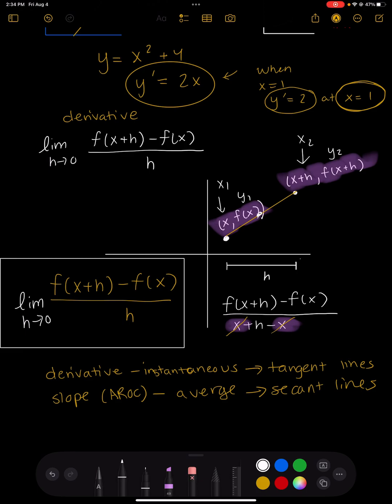So if we think about this, as h approaches 0, so what would happen as h approaches 0? If we think of limits, if you think back to what limits are, limits talk about what a function is doing basically as it approaches a value.